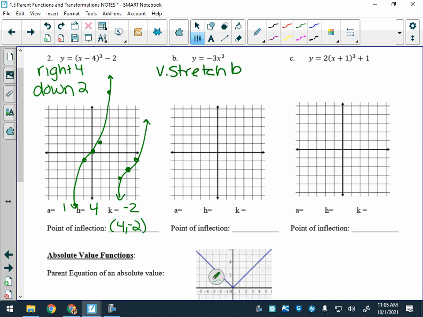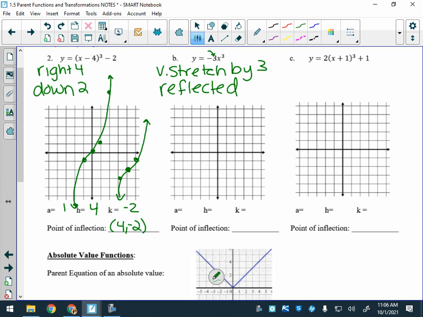Good. Vertical stretch by 3. What else is happening? Remember, the negative means something else. If we take the absolute value of -3, we get 3. It's greater than 1, so we have a stretch. Good, it's reflected.